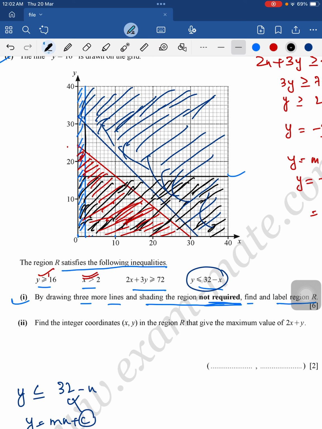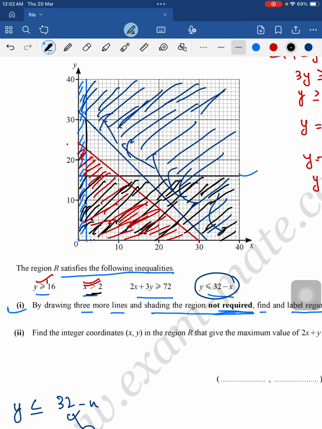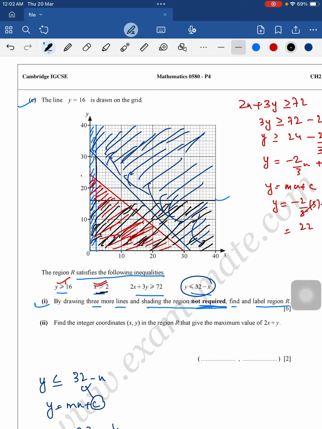Okay. So here one thing is x is greater than 2. One thing which is not done by us: x is greater than 2, we didn't have x is greater than or equal to 2, right? So we should make this a dotted line.